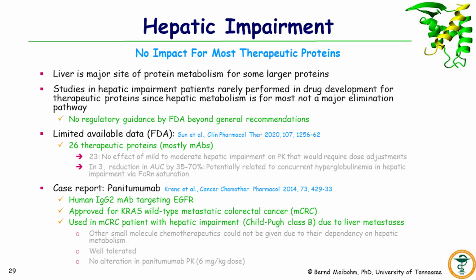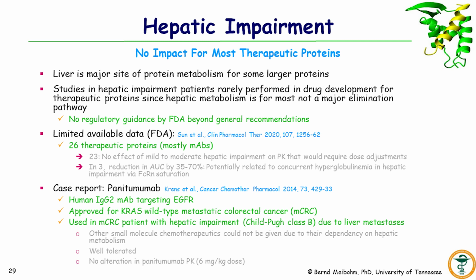The liver is a major site of protein metabolism for some larger proteins, as I mentioned before, and can be an important contributor in some specific cases. Studies in hepatic impairment patients are, however, rarely performed in drug development for therapeutic proteins, since hepatic metabolism is for most of them not the major elimination pathway, and no regulatory guidance by FDA is available beyond general recommendations.